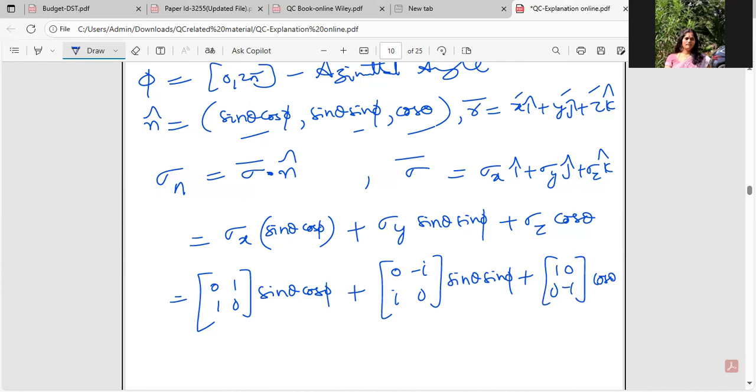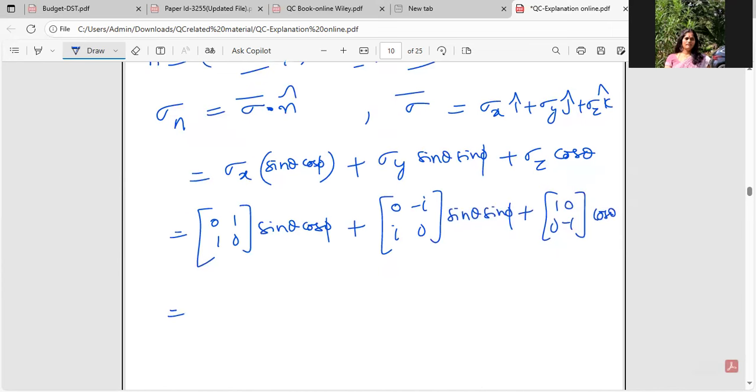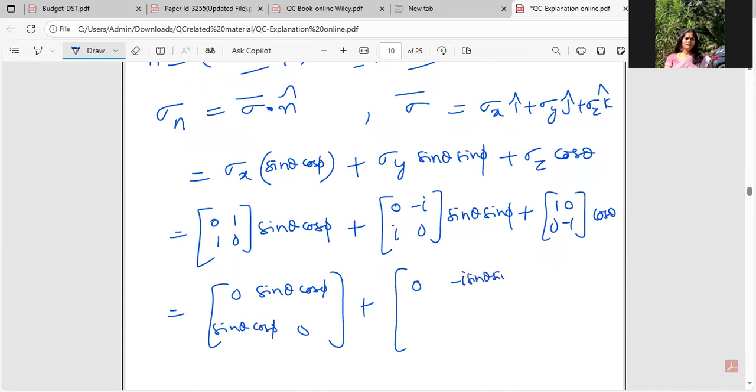Okay, just multiply them. See what happens. 0 sin theta cos phi, sin theta cos phi 0 plus 0 minus i sin theta sin phi, i sin theta sin phi 0 plus cos theta 0, 0 minus cos theta.